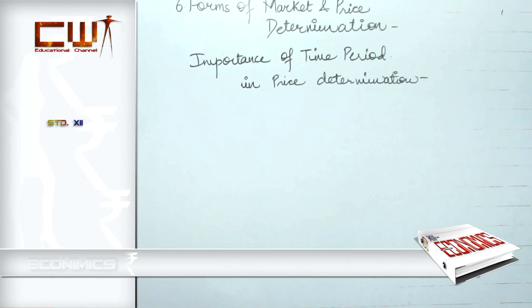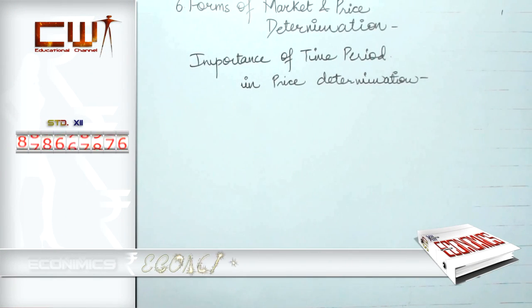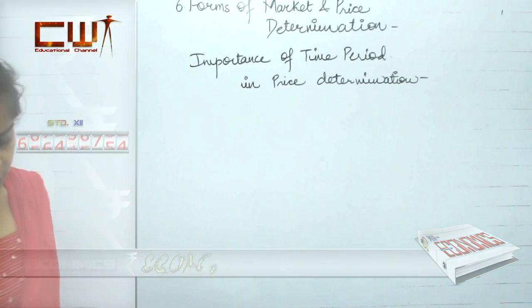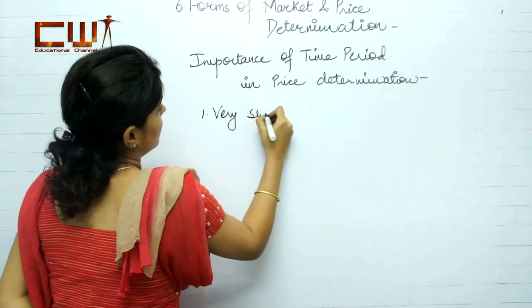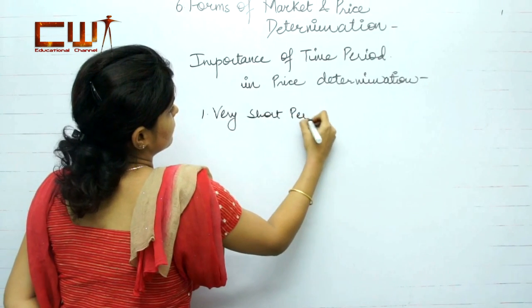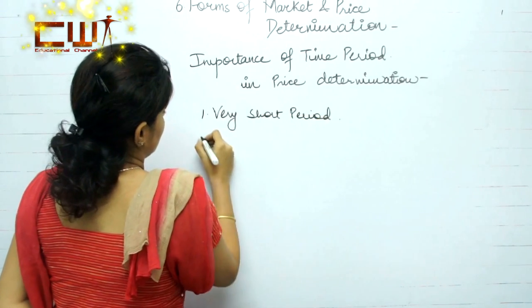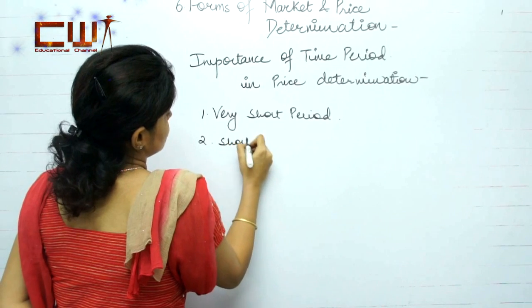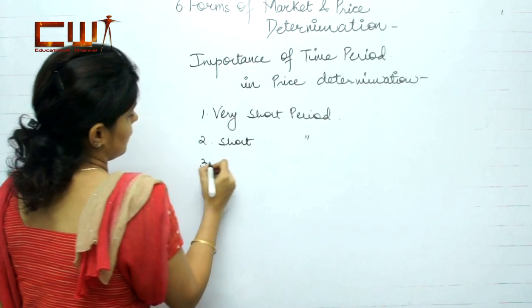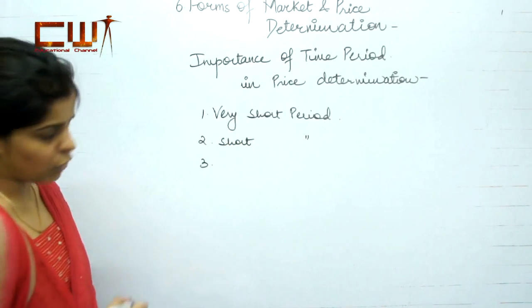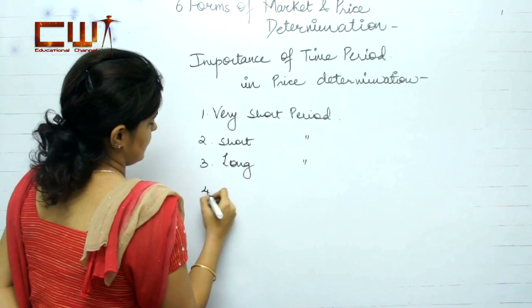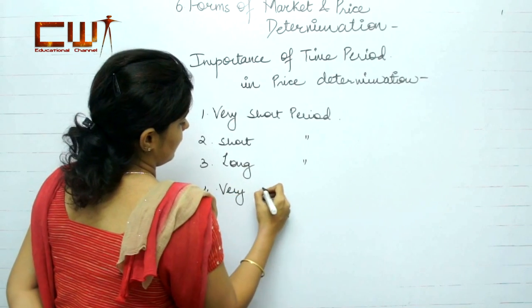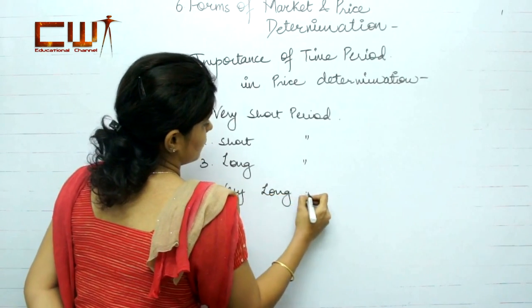You have different types of periods that exist in the market. First you have the very short period, then the short period, next comes the long period, lastly the very long period.